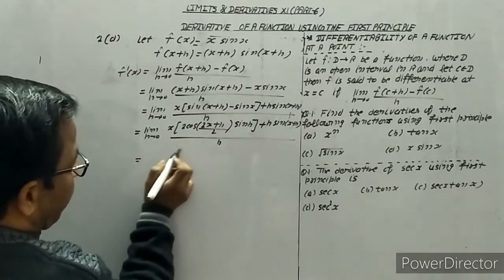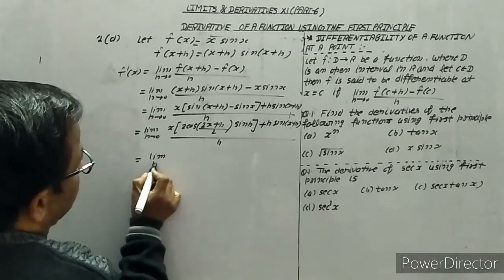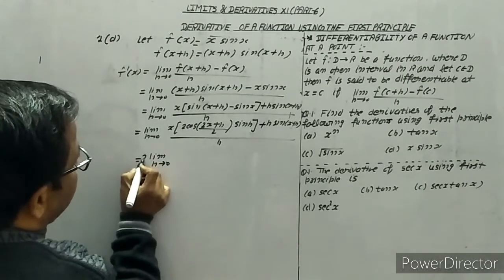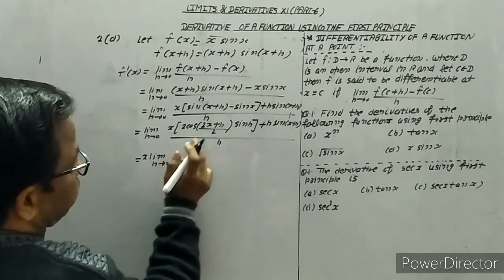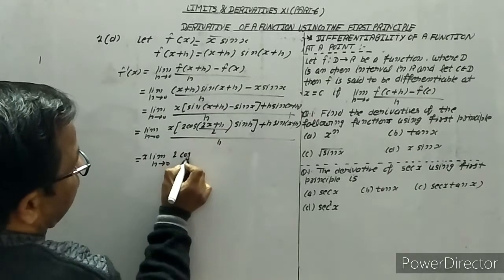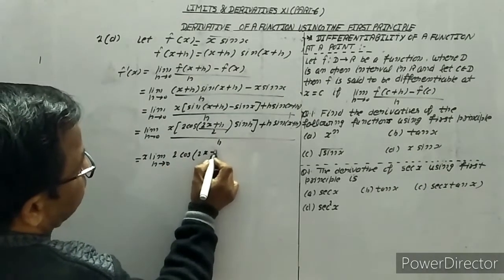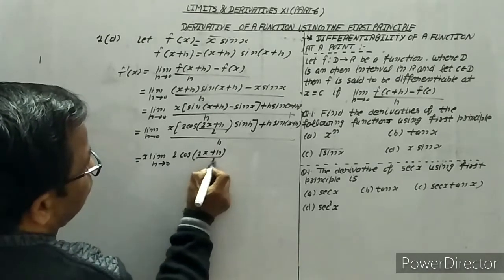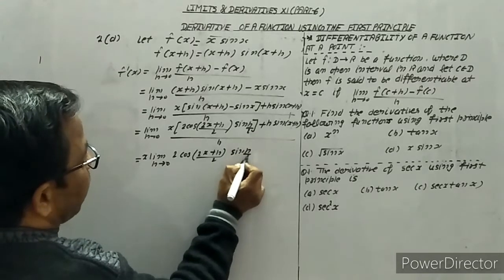Now keep it separate. Limit h tends to 0, because x is constant, take it outside: 2 cos((2x+h)/2) upon 2, sin(h/2).